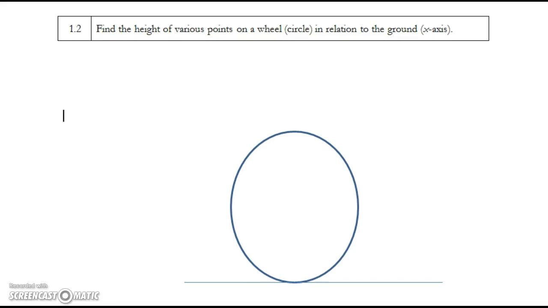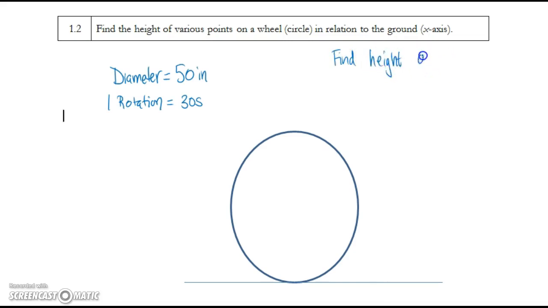So this particular wheel had a diameter of 50 inches, and the time for one rotation was 30 seconds. And in this problem, let's find the height of the gum at 12.5 seconds.